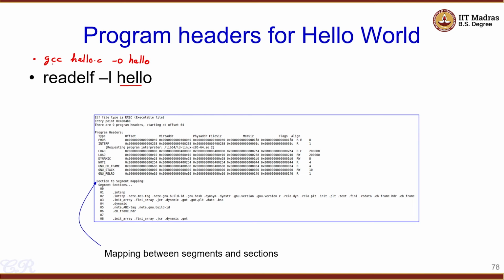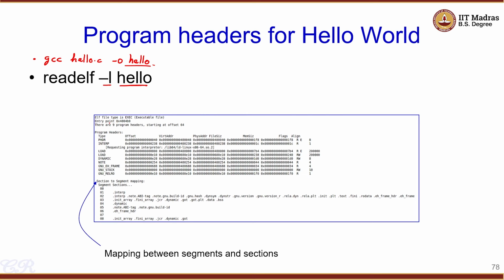This compiler option creates the executable hello, which has the ELF format, and we can use readelf -l hello, which is created from the GCC compiler, to read the contents of the program header. Here is the program header for this hello ELF.